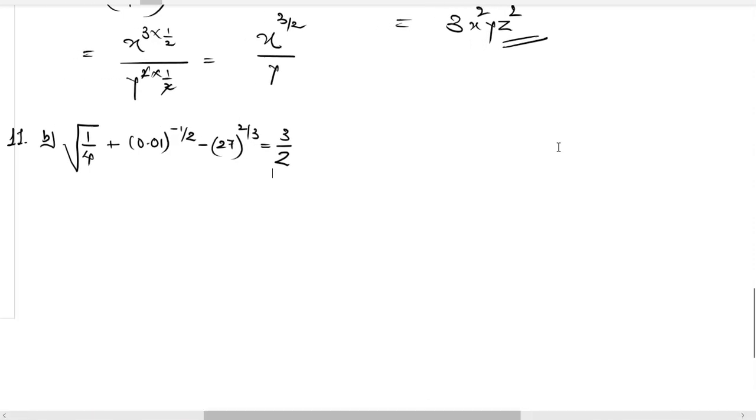Question 11b. So what you have to do is you have to prove that. Okay, this has to be the question of prove that.